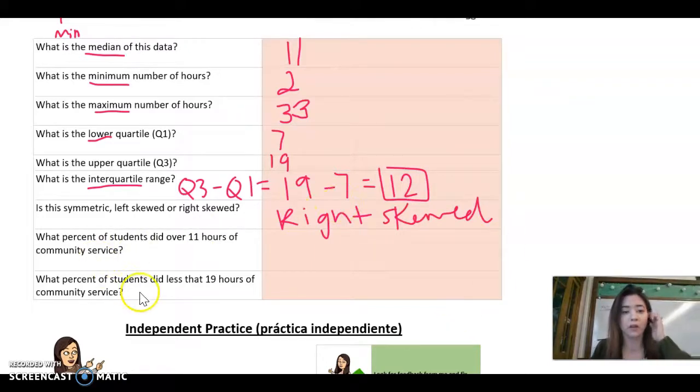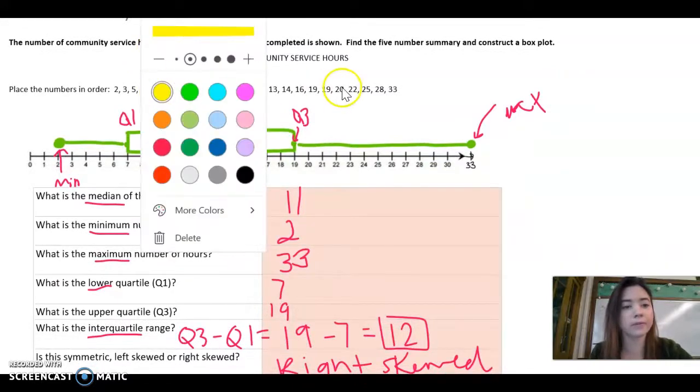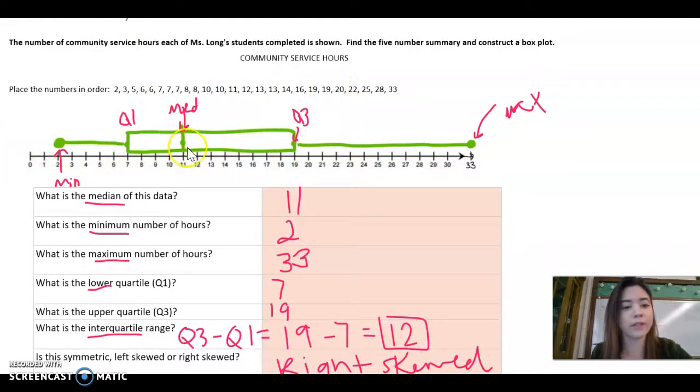Okay. What percent of students did over 11 hours? So let's look. Where do I see 11? Right here, and I said over 11. So we're looking at all of this data right here. Okay, so it comes back to knowing how much data is in each section of our box.